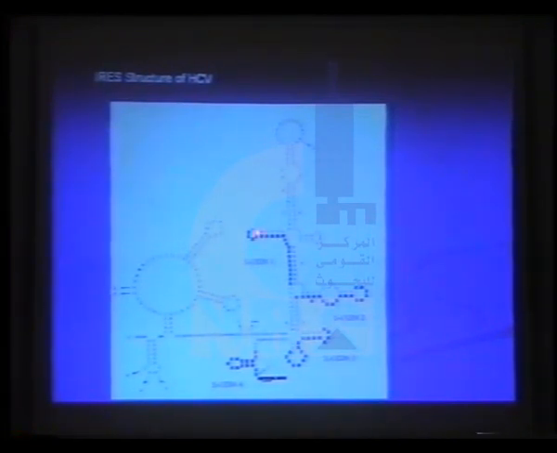And this secondary structure includes a 3D structure, or we call it the third complex structure, and it can be termed as 3A, 3B, 3C, and 3D. And this 3D is one of the most important secondary structures of the IRES region of hepatitis C genome.